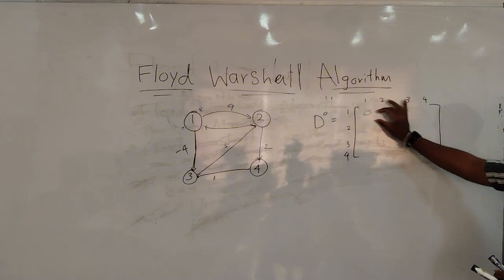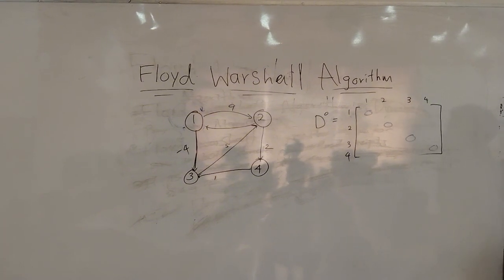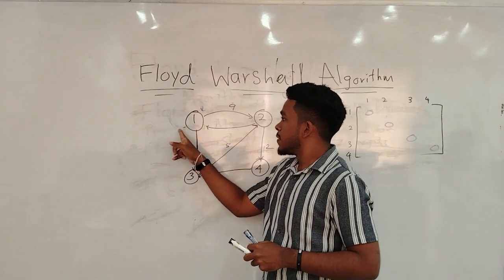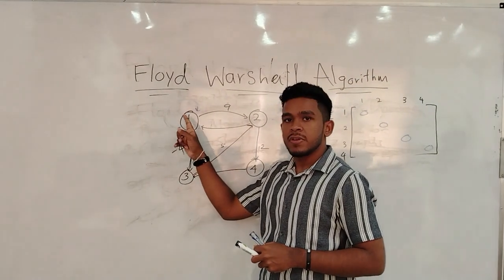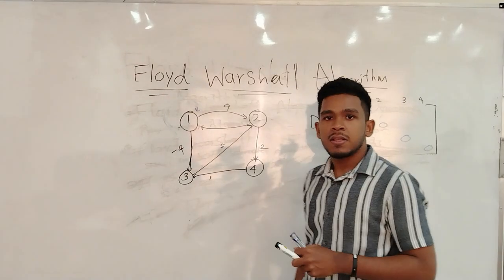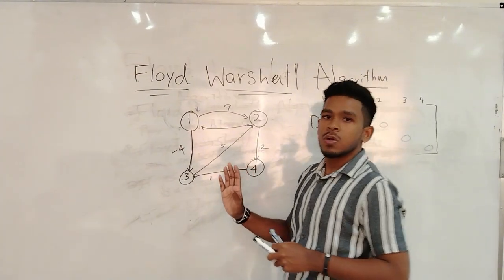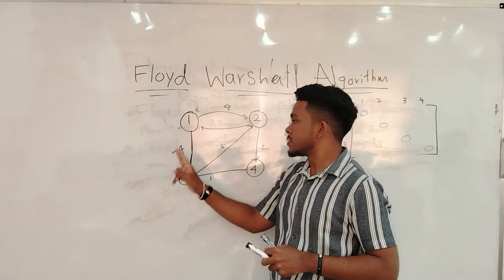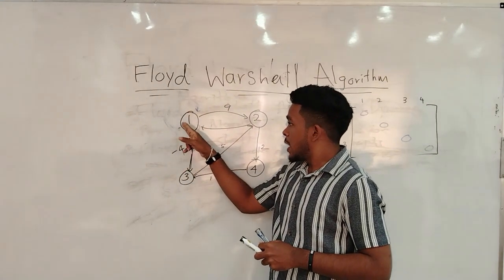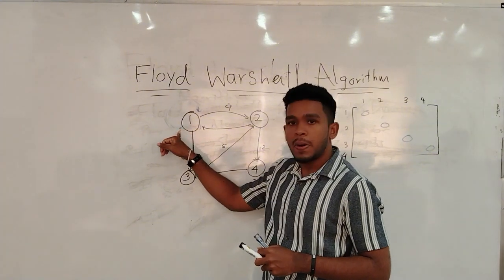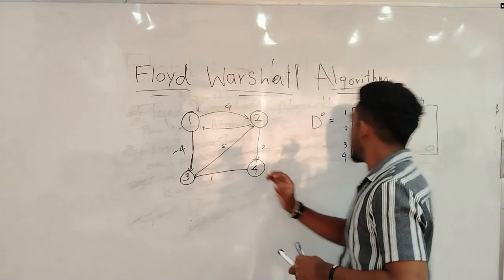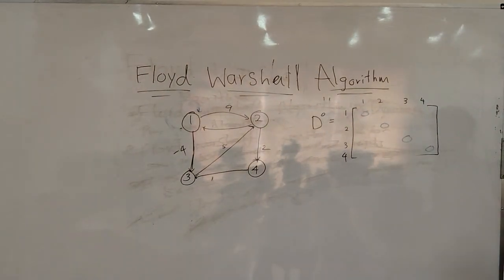Though there may be a path, it is always 0 because it reaches toward itself.